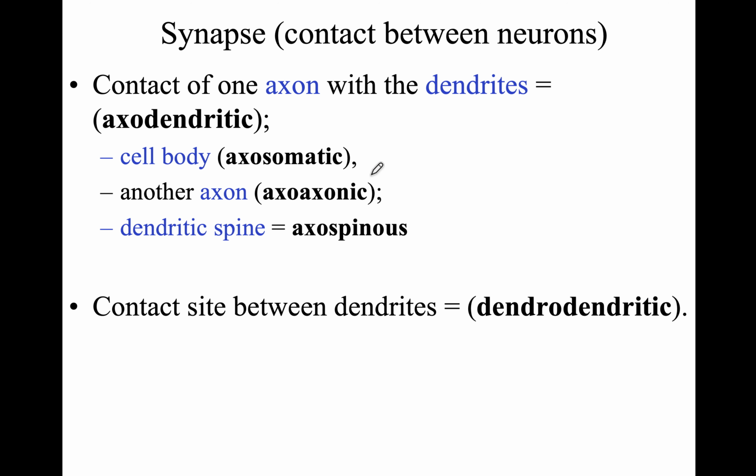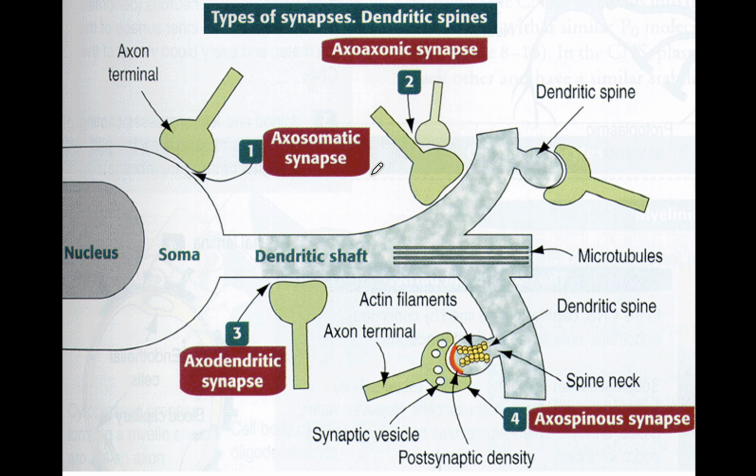Now we're going to explain the synapse. Any contact between two neurons we call a synapse. Usually the synapse could be between axon and dendrite, which we call axodendritic; from the axon with the cell body, axosomatic; axon with axon, axoaxonic; axon with dendritic spine, axospinous; dendrite with dendrite, dendrodendritic synapse.